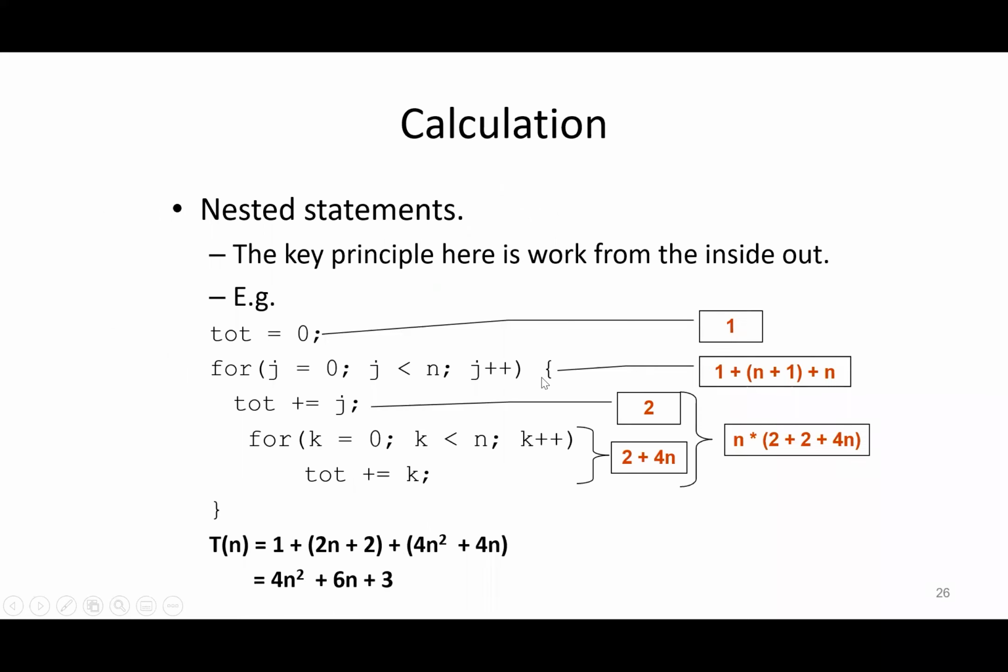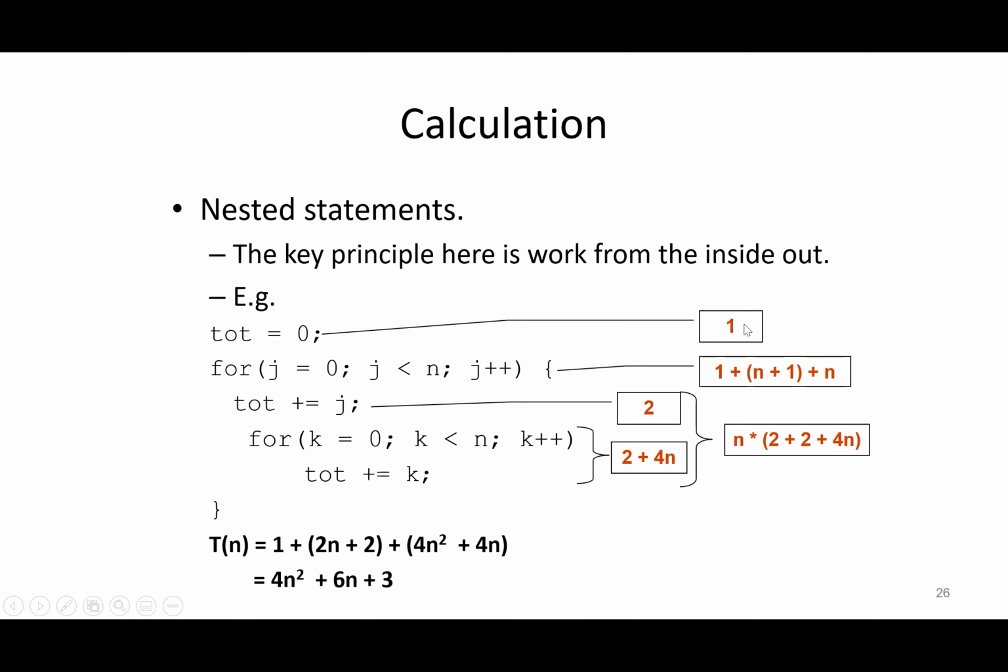Okay, if you have a nested for loop, you can just use the same concept as the previous for loop to calculate. For example, if this is our code here, before the for loop we have this assignment operation, total equals 0.